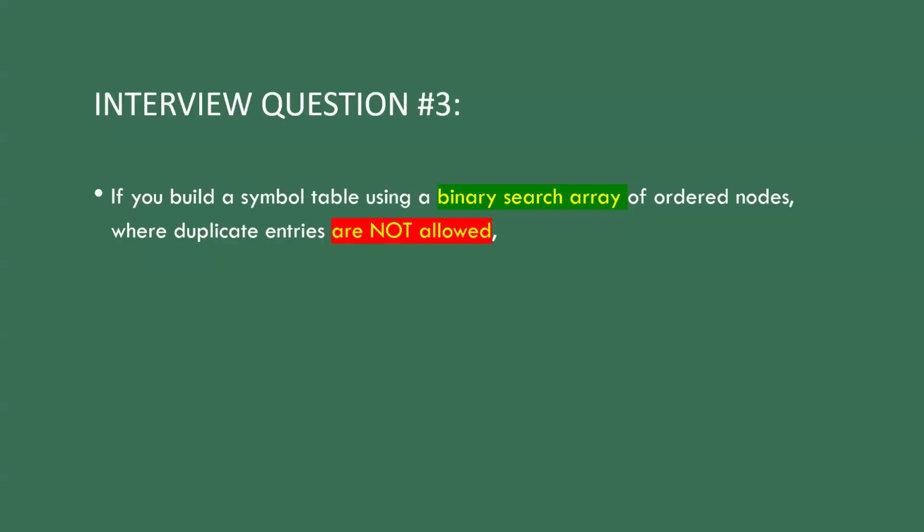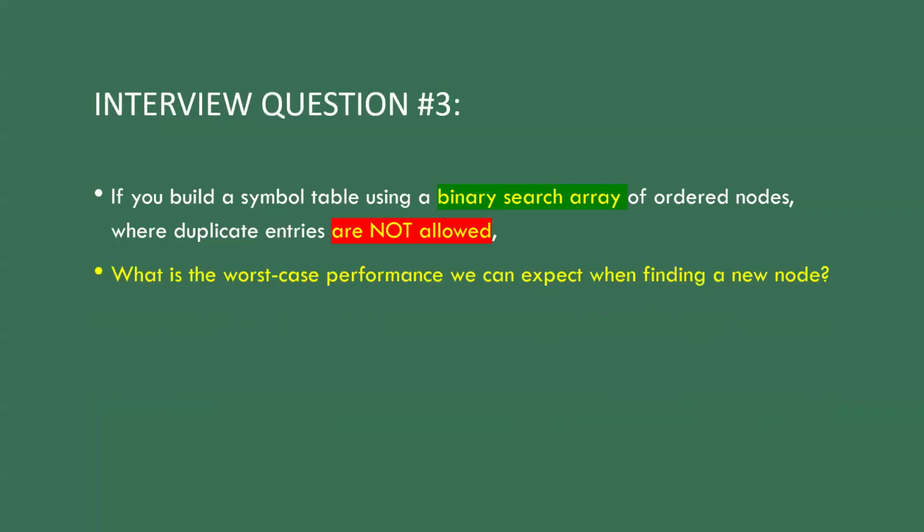If you build a symbol table using a binary search array of ordered nodes where duplicate entries are not allowed, what is the worst case performance we can expect when finding a new node? So if it's a binary search array, we should be able to get log base 2 worst case performance.